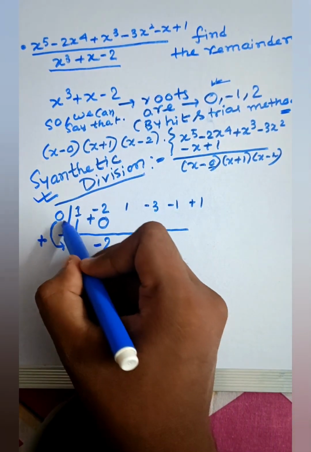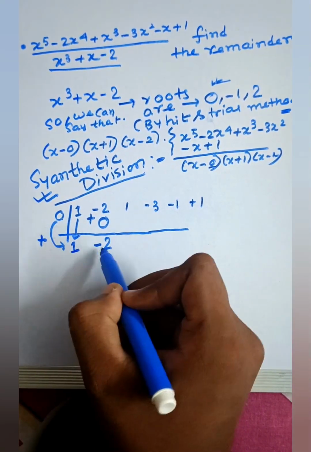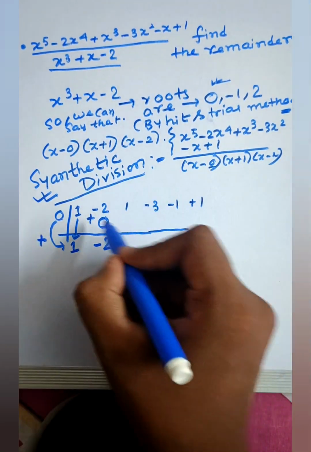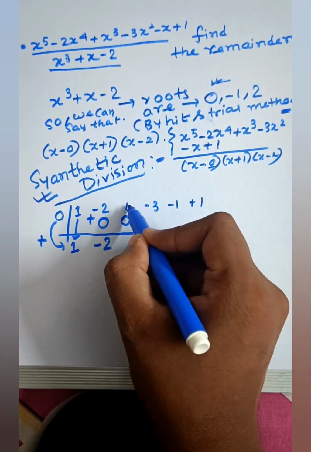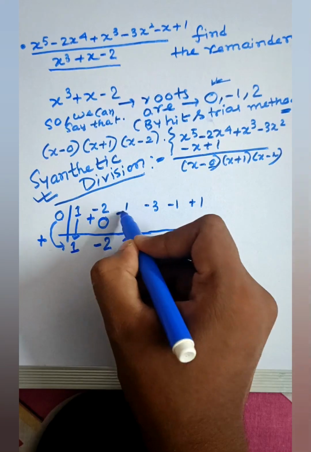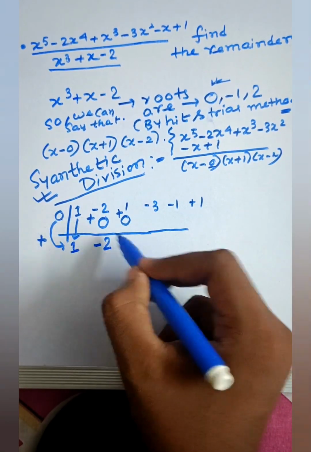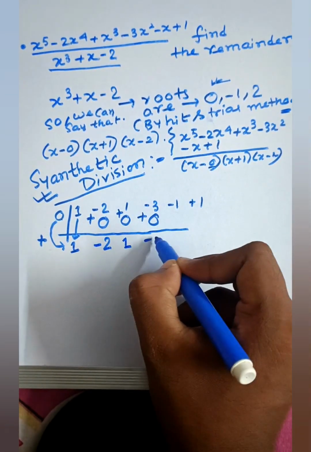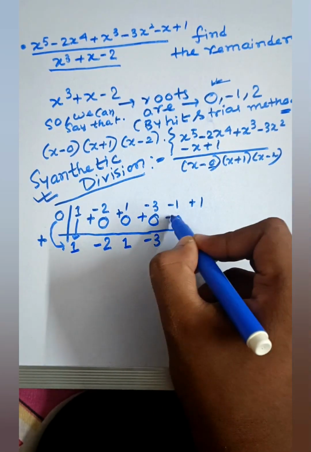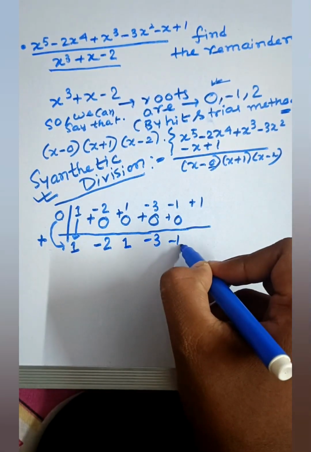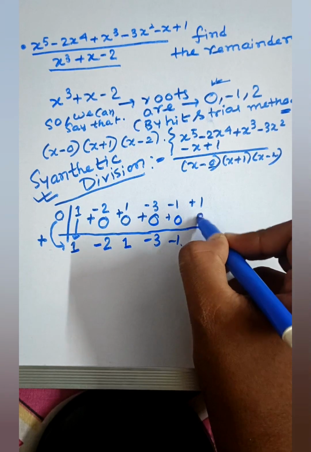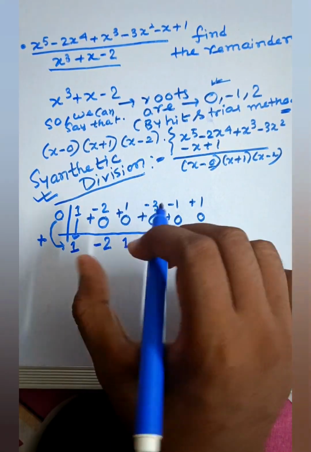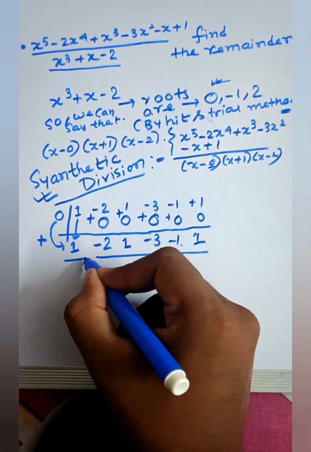Then 0 into minus 2 is 0, and we add. Similarly 0 into 1 is 0, and we add, minus 3. 0 into minus 3 is 0, and we add. 0 into minus 1 is 0, and we add. Here we found the coefficients.